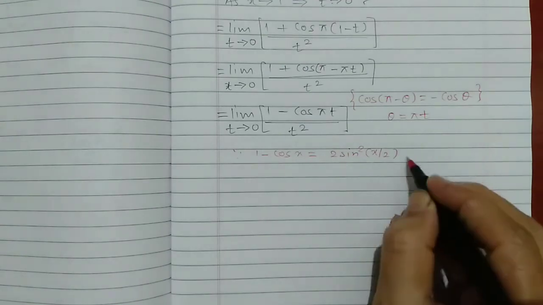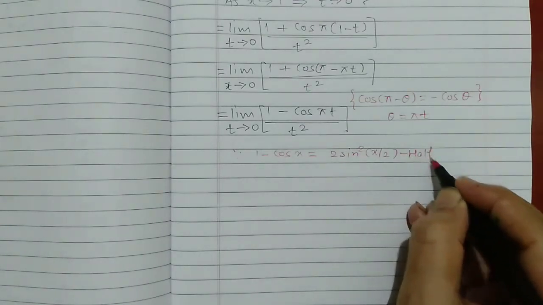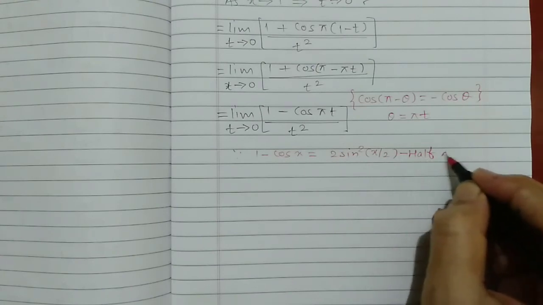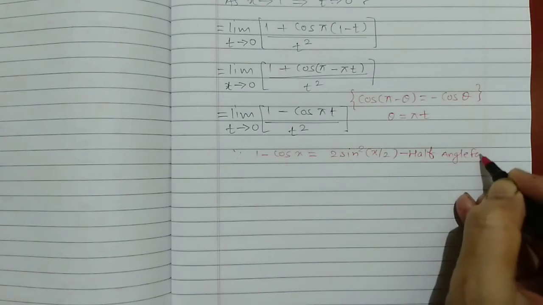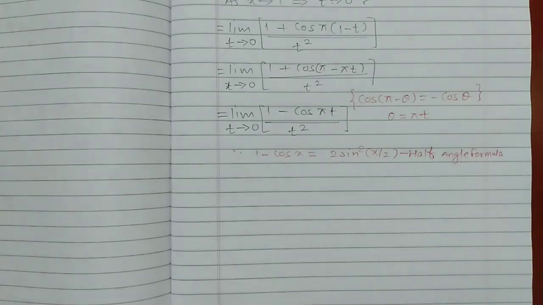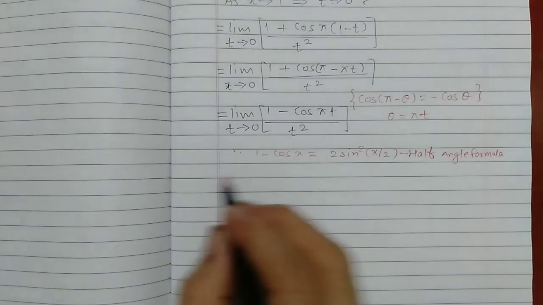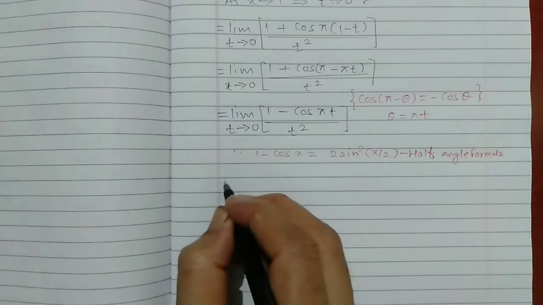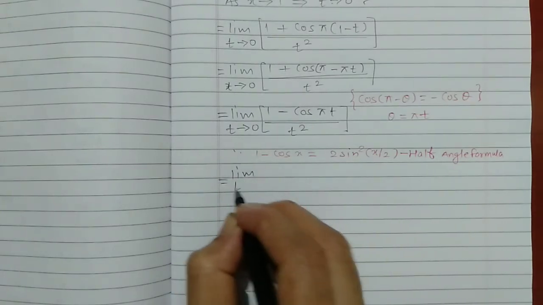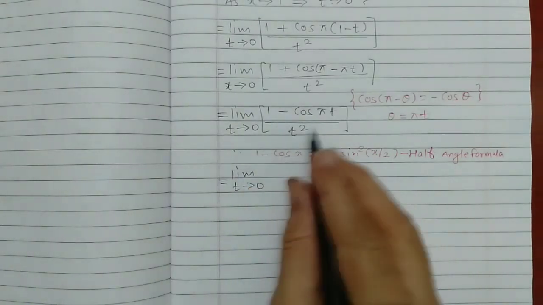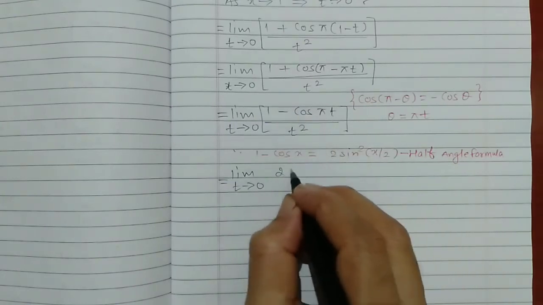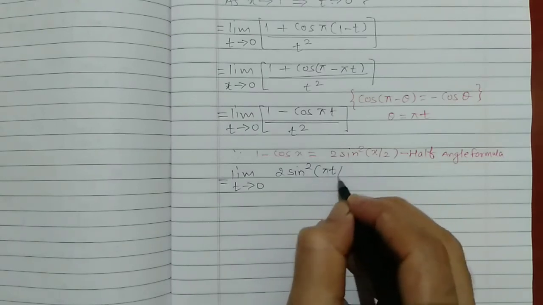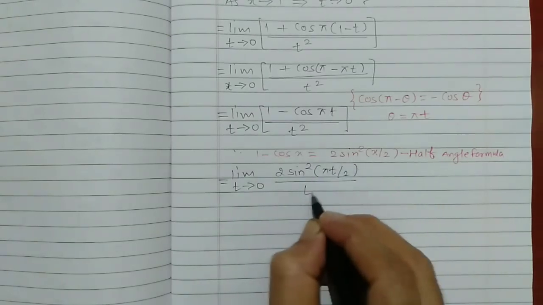That is the half angle formula. So my limit reduces to limit t tends to 0, 1 minus cos pi t is 2 sin square pi t divided by 2, divided by t square.